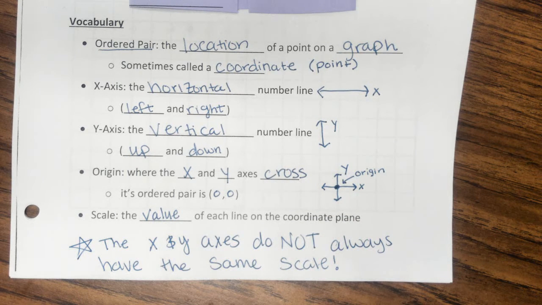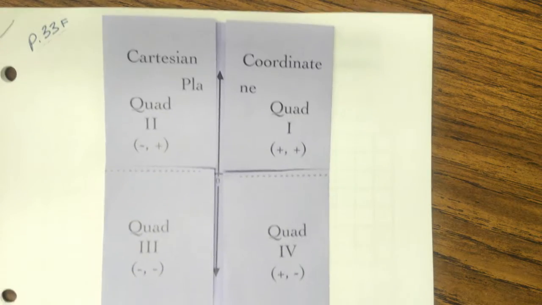If you need more time to write this down, feel free to pause the video. For now, I'm going to go up and we're going to dive into our foldable.